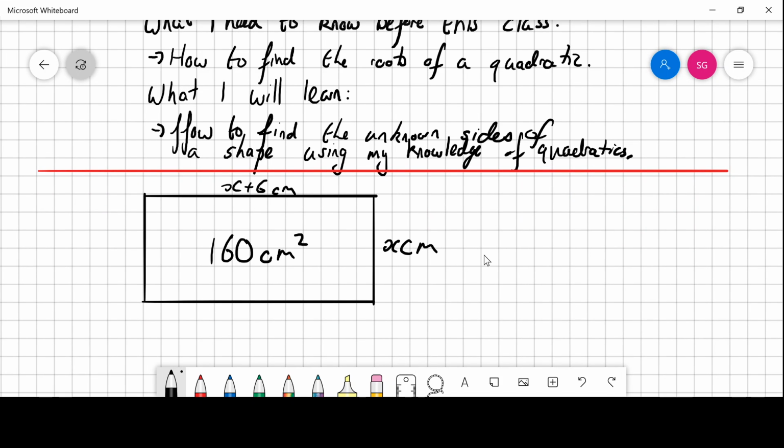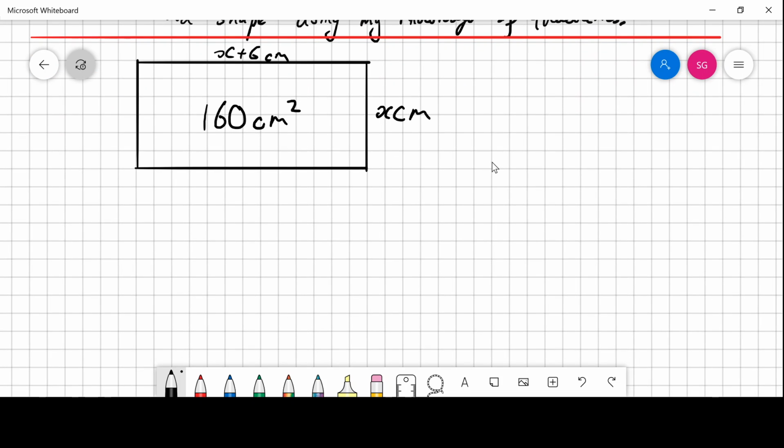Looking at this, let's just start straight into a question. You can see that there's a rectangle here with a width of x plus 6 centimeters, right? So it is x plus 6 centimeters wide, and it is x centimeters high. So we know that the width is 6 centimeters longer than the height, and we know that the total area of this is 160 centimeters squared.